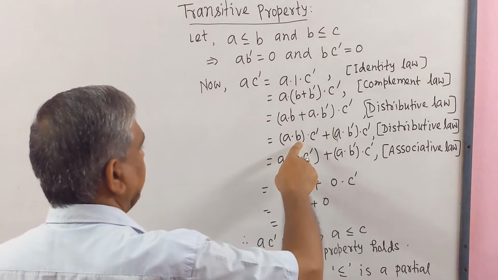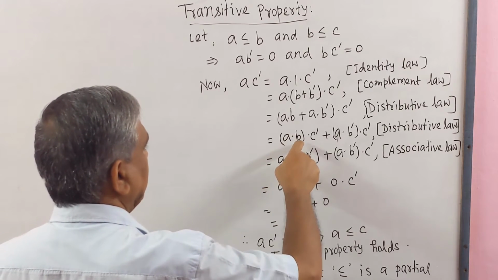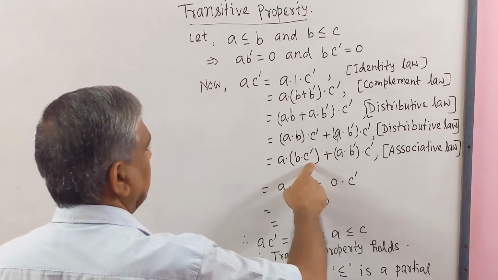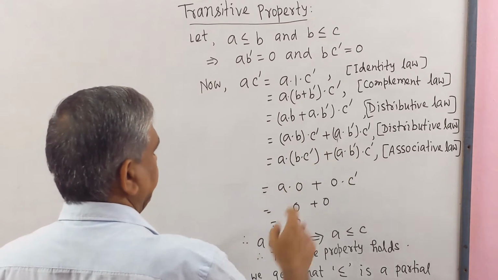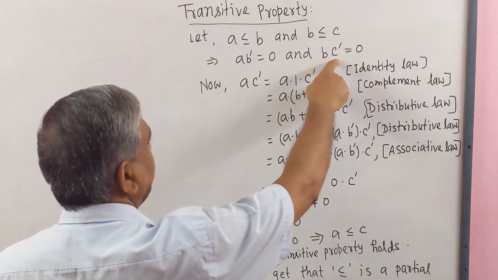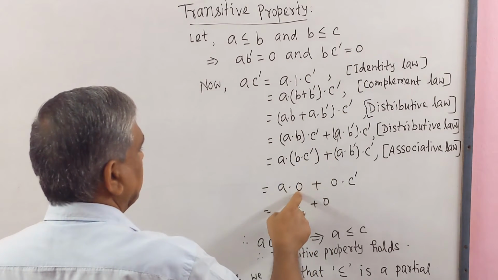By associative law here we get A dot (B dot complement of C). This term remains same. Since here we see that B dot complement of C equal to 0, so we put here 0.